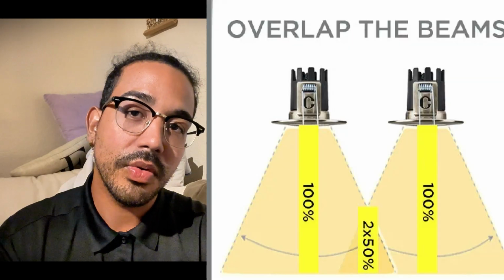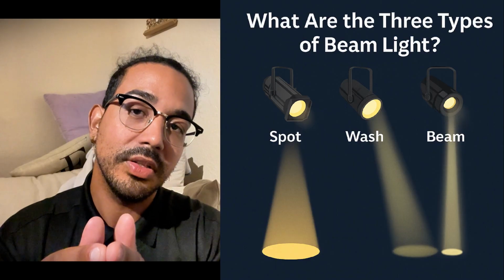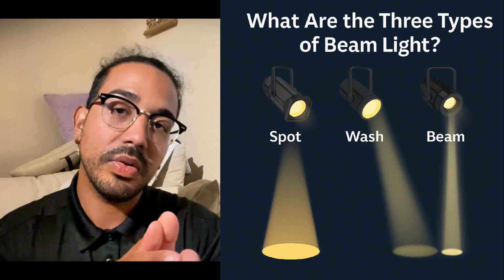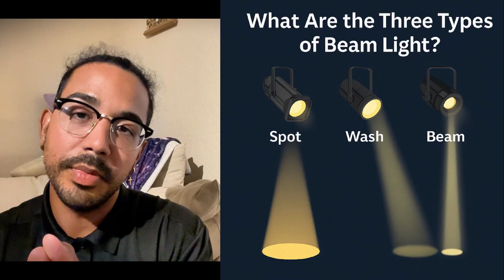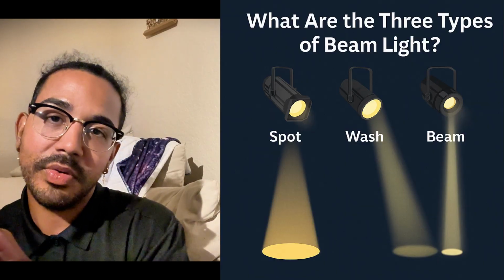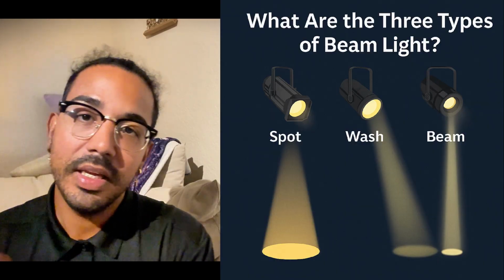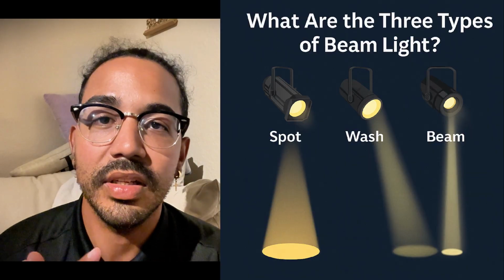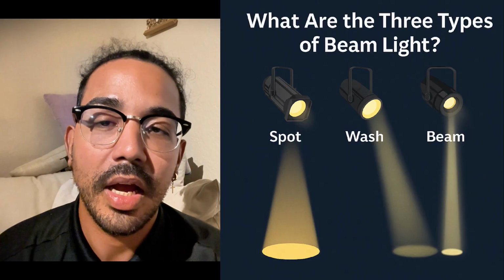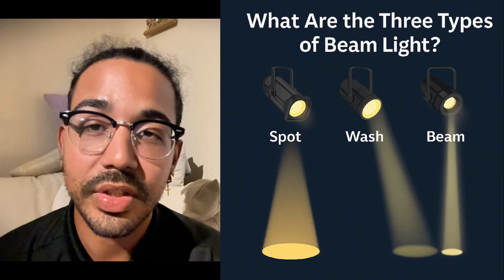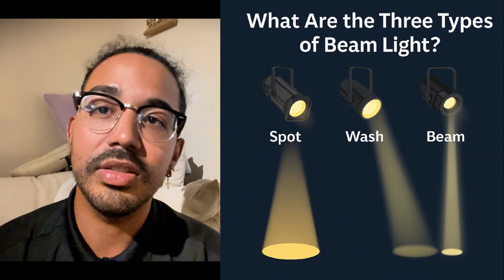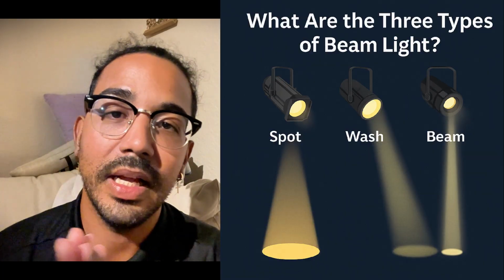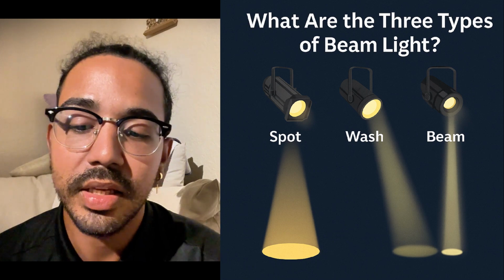That's where your problem starts: you walk through your stage, it's normal, then boom, it's bright. Then it's normal, then it's bright. It's just not an even wash. So a wash light makes it easier to transition between different spots, and that's the beauty of a wash light.